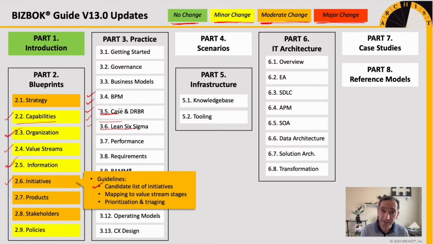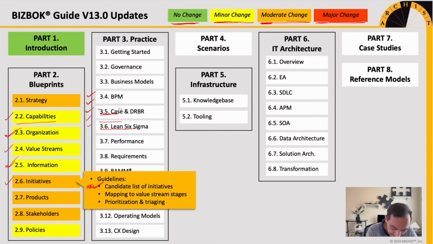And it's actually great to see that, because that elevates the value of business architecture upstream, where we are connecting up into the strategy and then defining the initiatives before we get downstream into the execution of those initiatives.